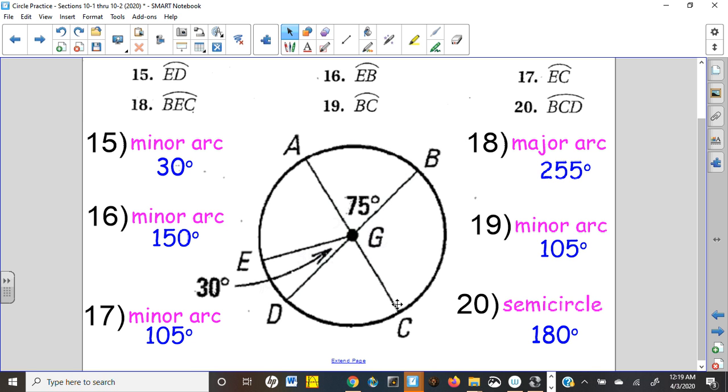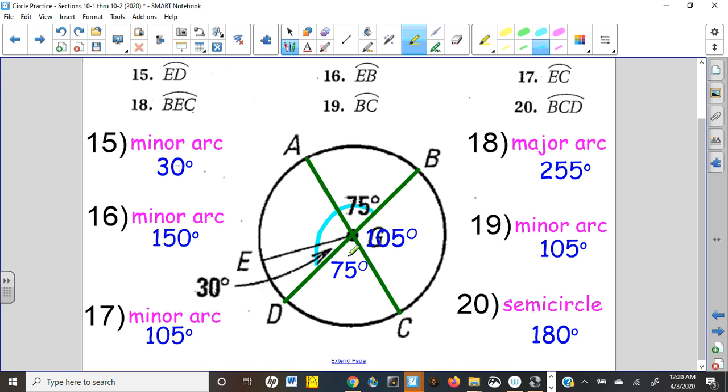I always identify diameters because they're very helpful. You have a diameter here and a diameter here. And think about what that does. It creates a 180-degree linear relationship here. So you get 105 through subtraction. It creates vertical angles here. So you get a 75. It creates a linear relationship across these three angles here.